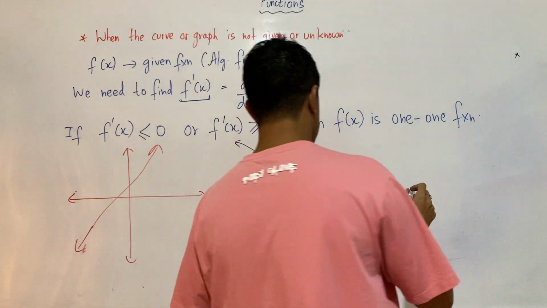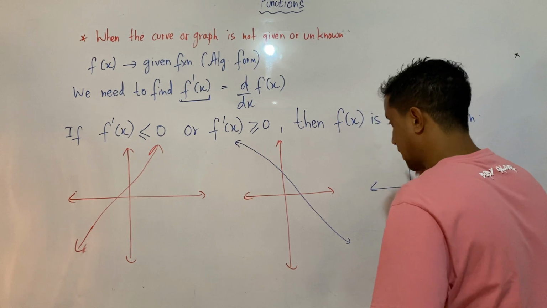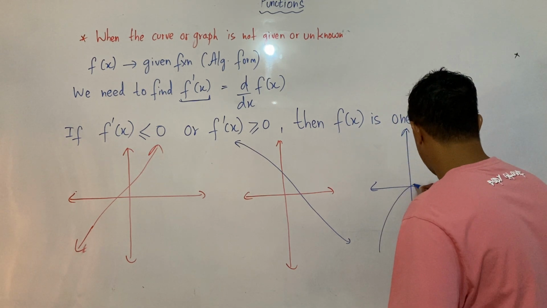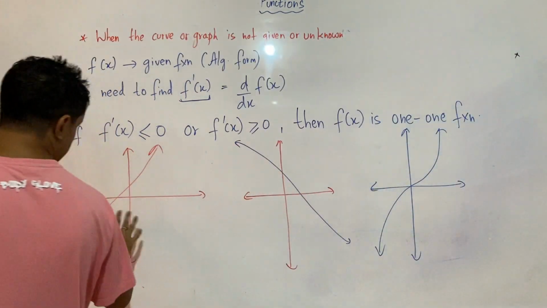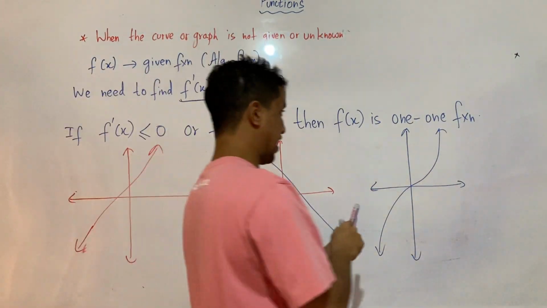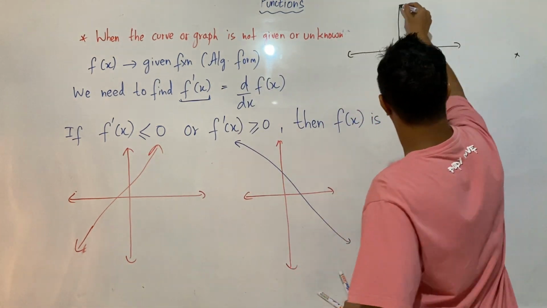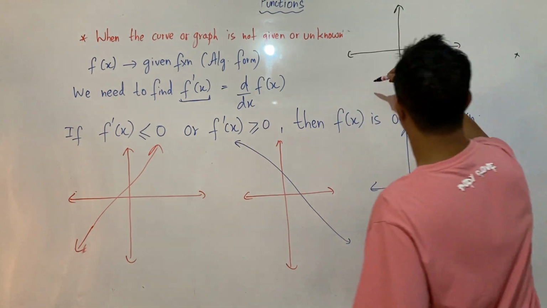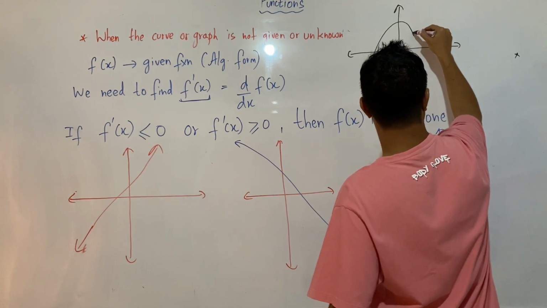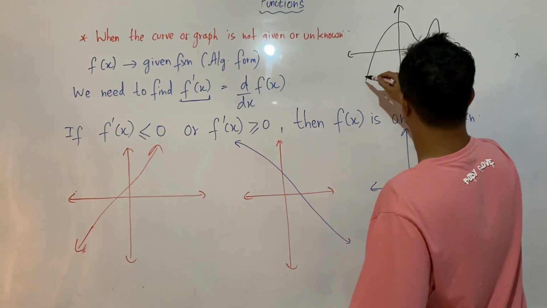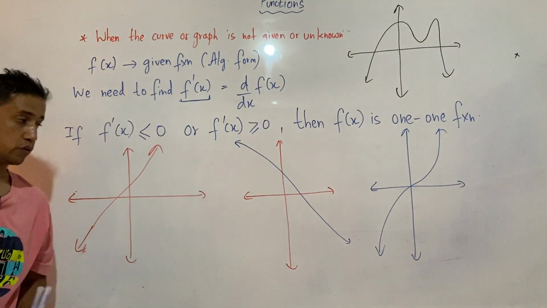And then here I have one more graph which goes like this. Now if you carefully look at these three, and here I have one more graph. For more clarity we will take one more case. So I have four graphs here on the board.